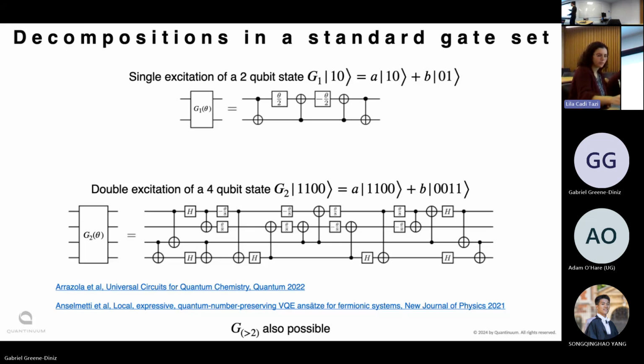But because of that construction, greater than doubles are expensive and their depth scales with the number of qubits, unlike these two. So if you have a state vector in which all of the determinants are separated by at most a doubles excitation, you're doing well, because the circuit you'll end up with will be relatively cheap.